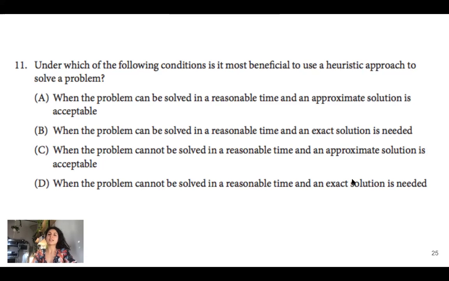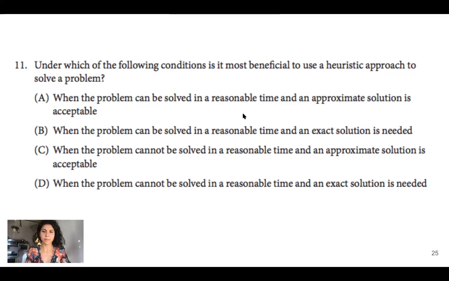We're going to put 40 seconds on the clock. Ten more seconds. 5, 4, 3, 2, 1.